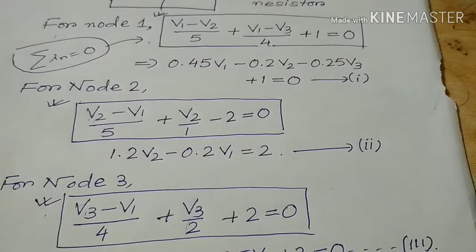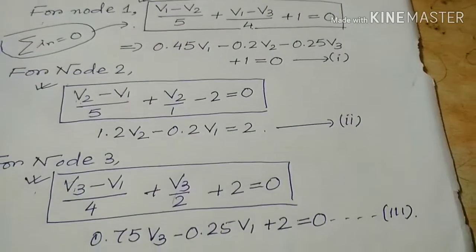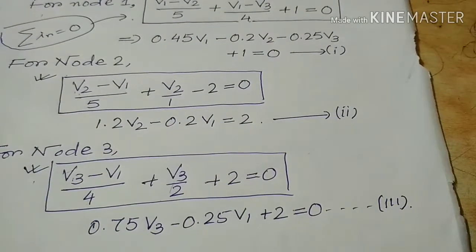So we get 3 equations from the 3 node analysis. Then we solve these equations and find V1 and V2 to calculate the current and voltage drop through the 5 ohm resistor.